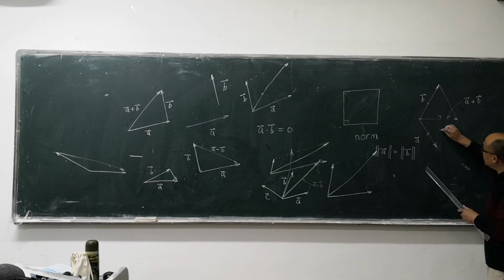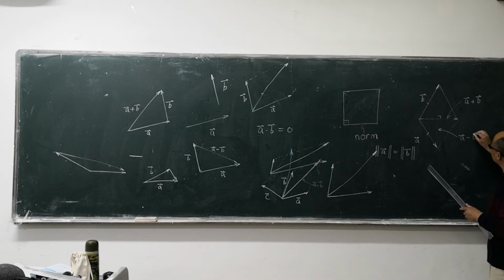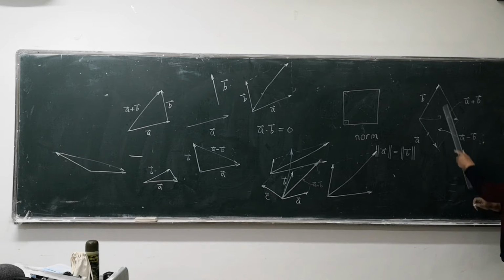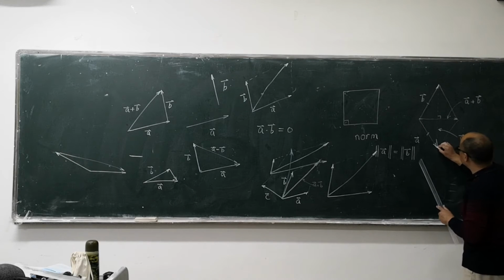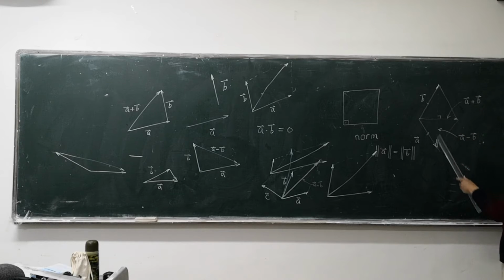Is A minus B. This vector is this way, okay? A minus B is this way. If it's that way, it's B minus A. So this is a vector.